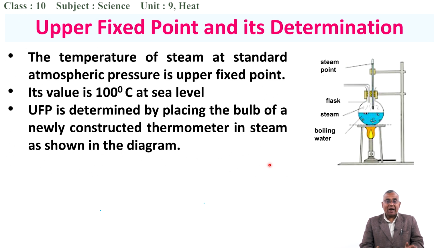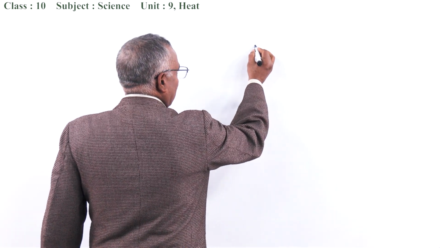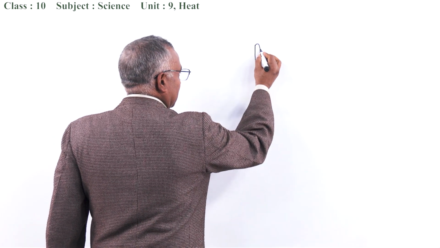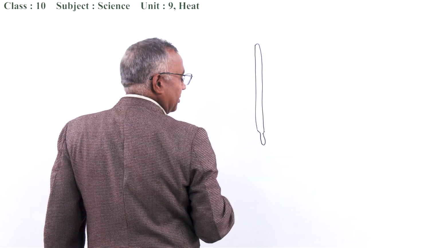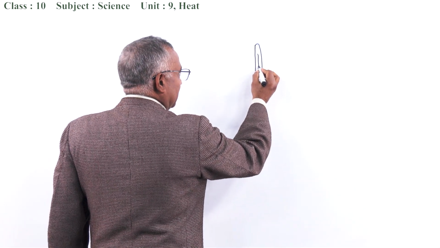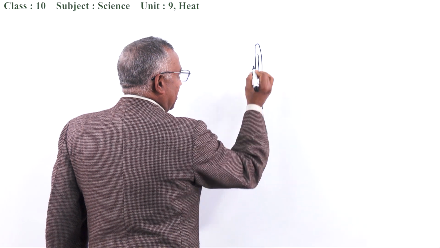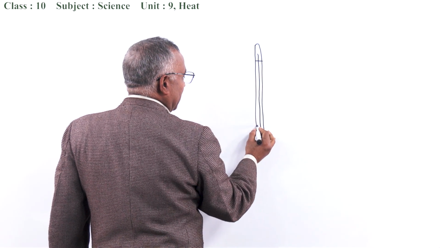So, by finding these 2 points, consider you have found these 2 points on a thermometer. We are imagining that it is a newly constructed thermometer, and here we found 2 points.